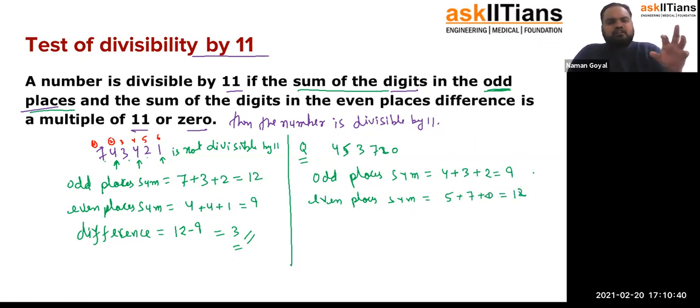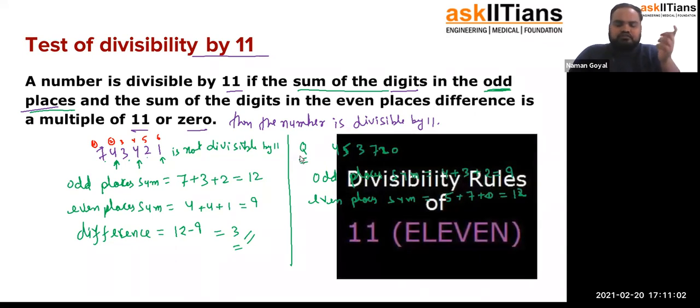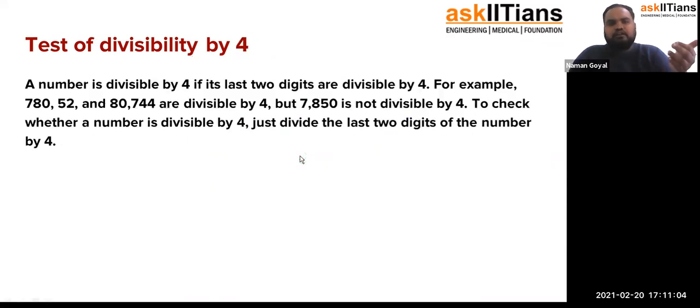You can take the difference as even place minus odd place or odd place minus even place, whatever you want. You get 3, which is not a multiple of 11 and not 0, so we can say that the number is not divisible by 11. Are you getting my point? So this is the divisibility rule by 11.